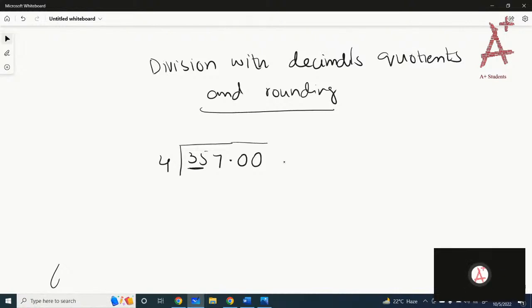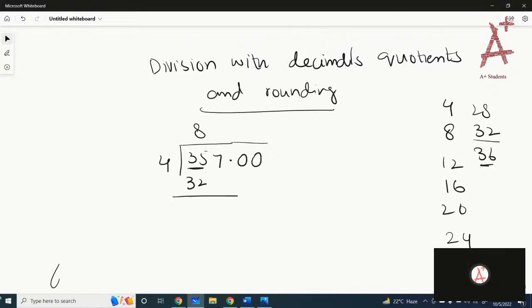So start counting the table of 4. 4 times 1 is 4, 4 times 2 is 8, 4 times 3 is 12, 4 times 4 is 16, 4 times 5 is 20, 4 times 6 is 24, 4 times 7 is 28, and 4 times 8 is 32, 4 times 9 is 36. 36 is greater than 35. We can go for 32. So 4 times 8 is 32.